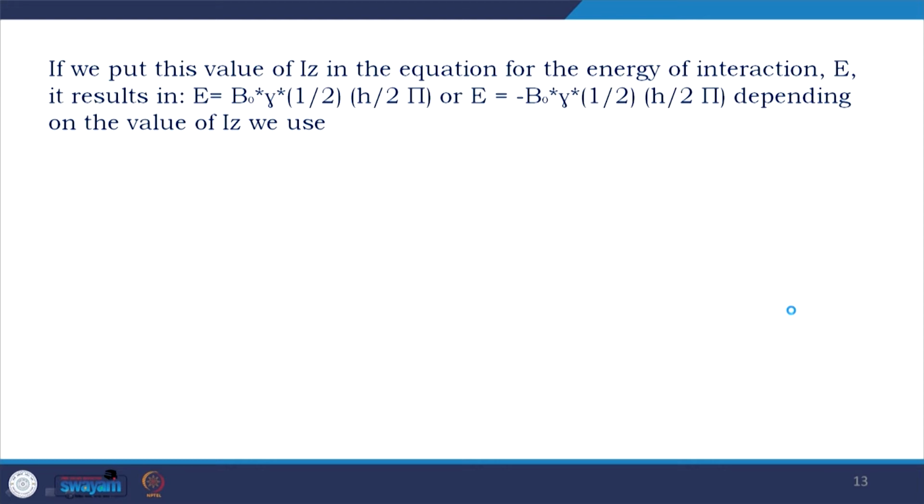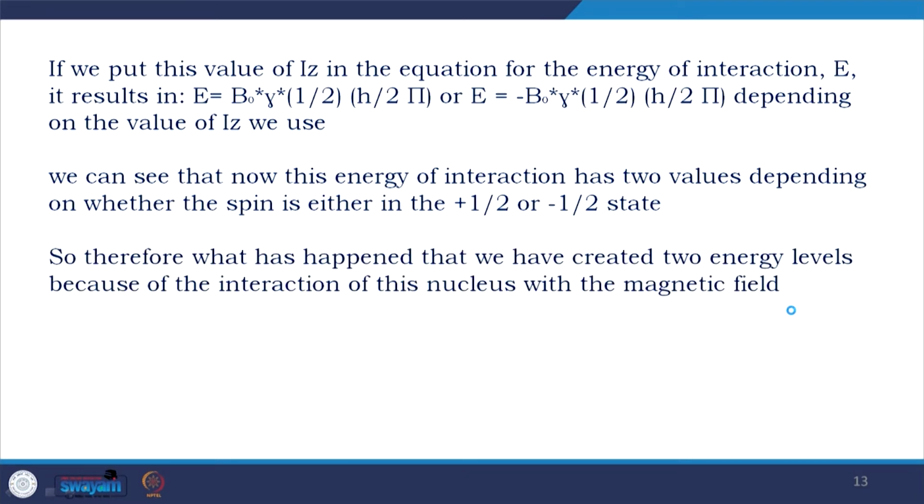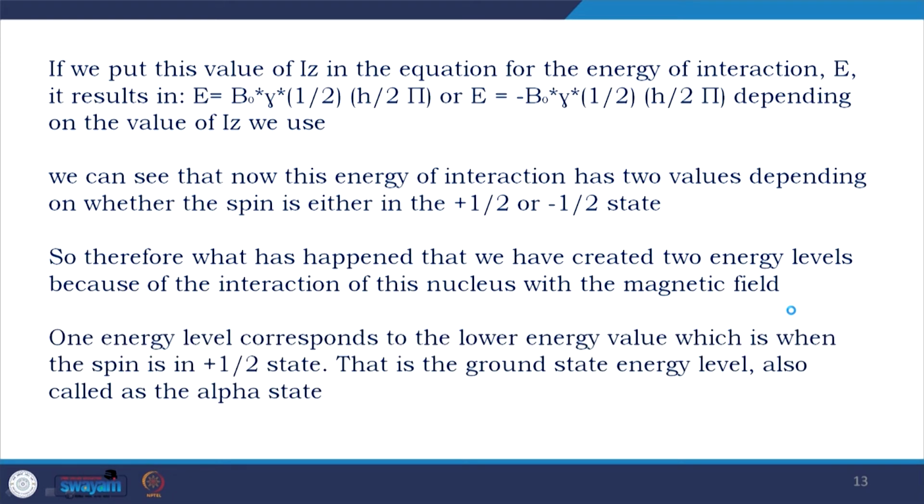So, two different states, again energy states. We can see that now this energy of interaction has two values depending on whether the spin is in the plus half or minus half state. So, what has happened is that we have created two energy levels because of the interaction of this nucleus with an external magnetic field.